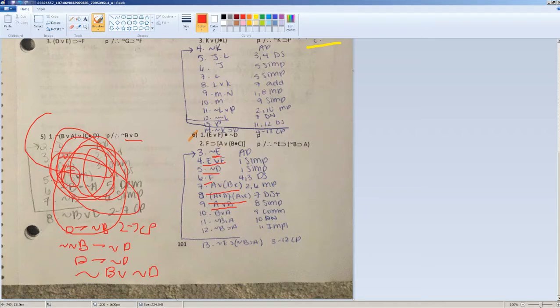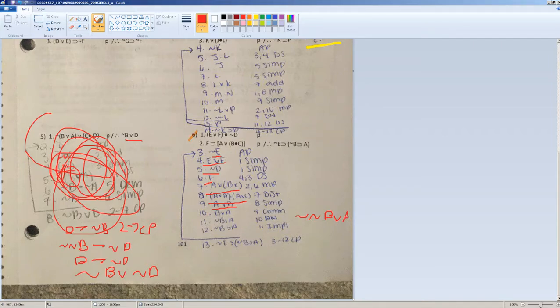Ooh, now you did a weird thing, which was probably a better move, because I did a double negation here. You flipped it over to B or A. Okay. Then you double negated? I only see one negation here. There may be another negation there. So you double negated the B, so B or A. Sure.